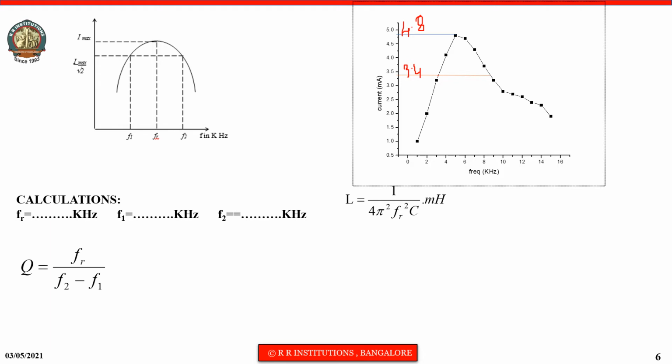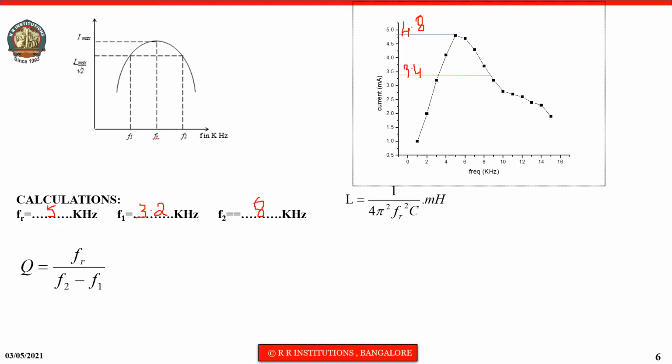From the graph, f1 comes out to be 3.2 kilohertz and f2 comes out to be 8 kilohertz. The frequency corresponding to the maximum current is called the resonance frequency, and it is found to be 5 kilohertz.